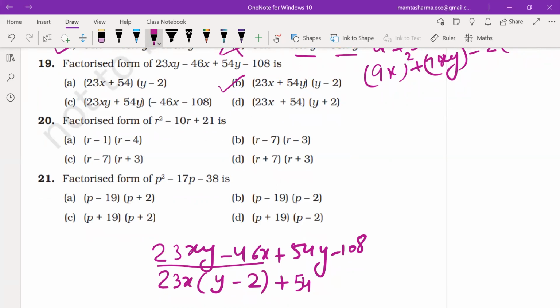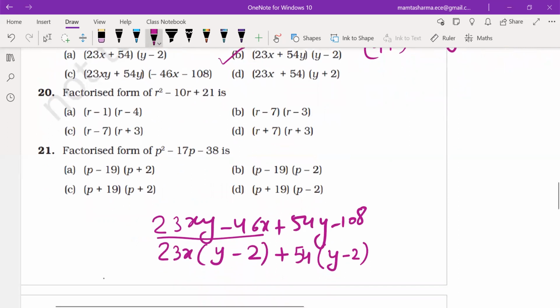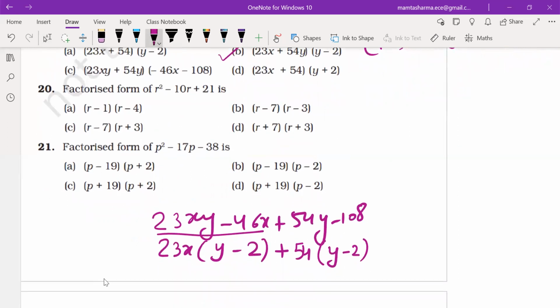common. No, Shubhra, B is not correct. The answer is A. Shubhra, what mistake did you make here? The common would be 54 only, not 54y.